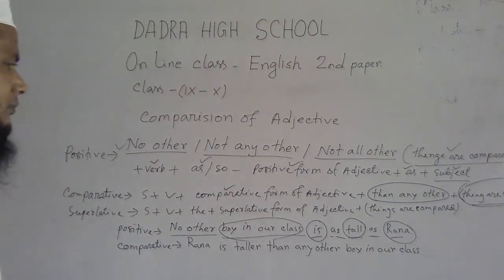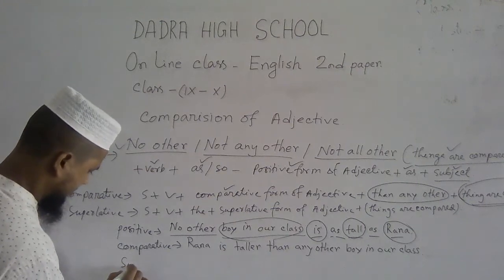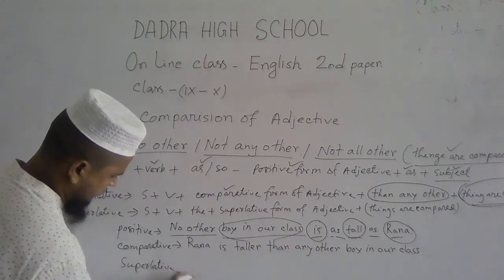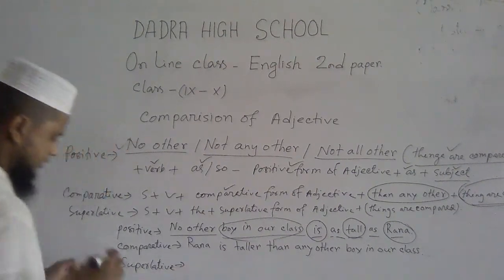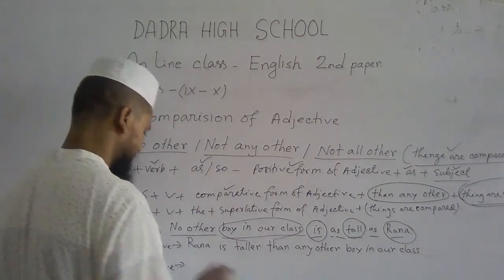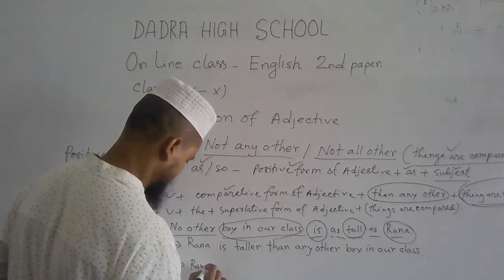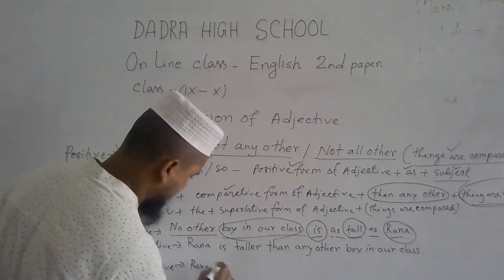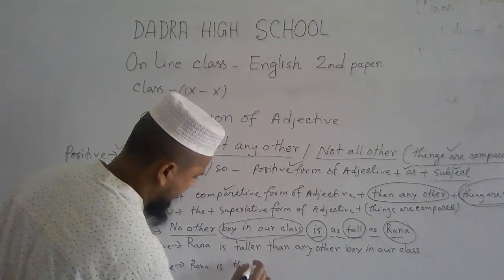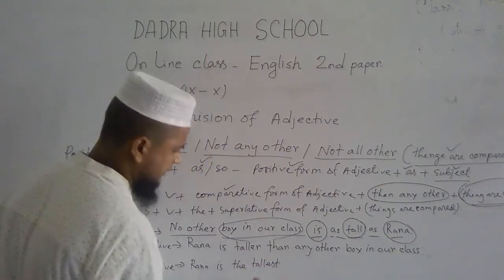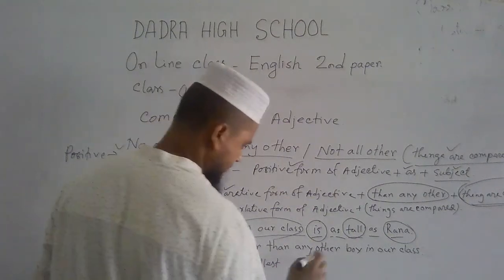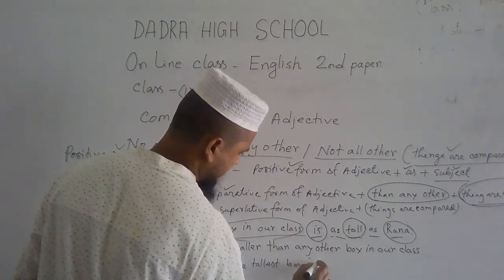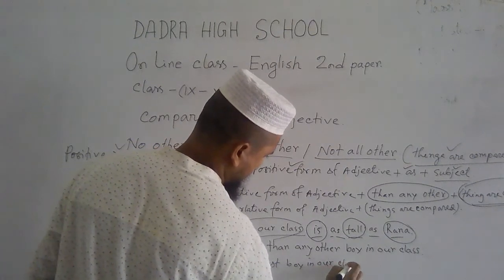Next, if you want to make it superlative, you have to take the subject first. Next, you have to take the verb. Next, be. Next, the superlative form of the adjective. Next, things that we compare, boy in our class.